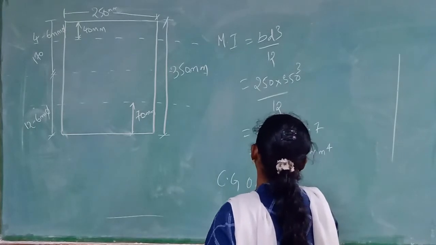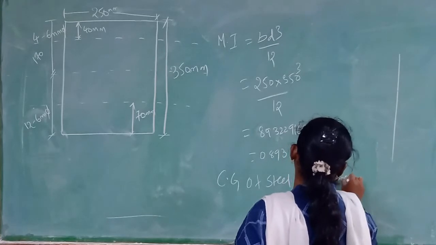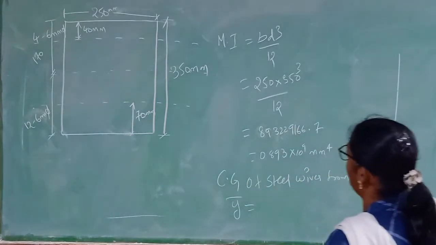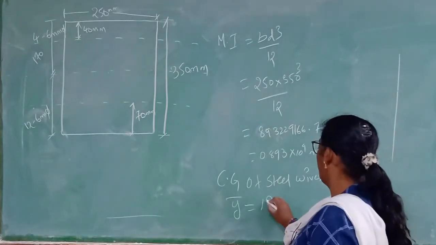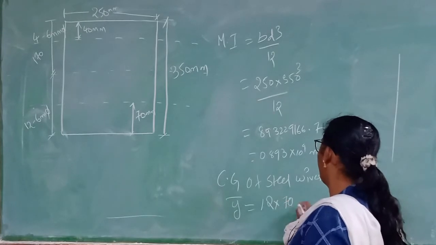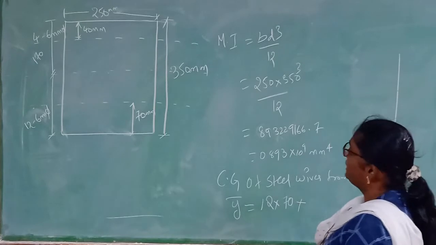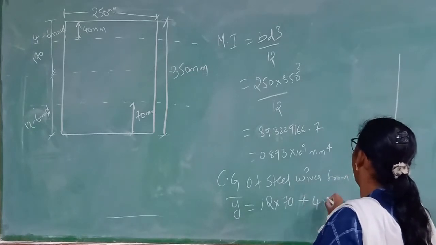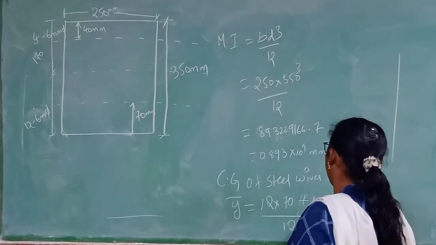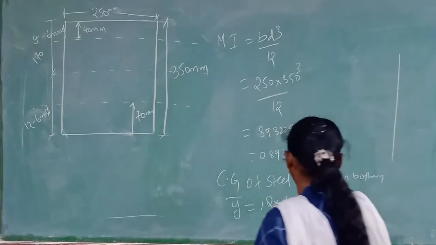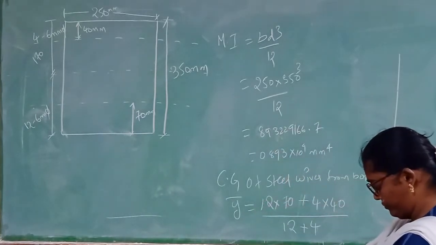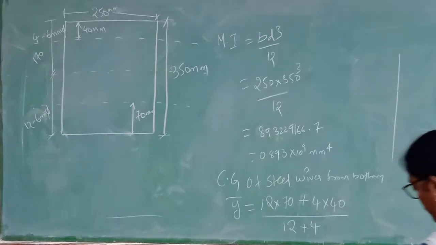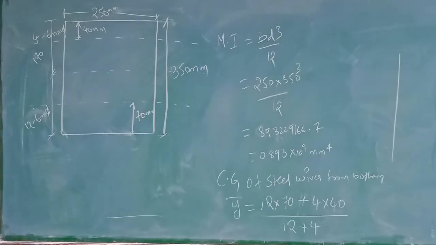Center of gravity of steel wires from the bottom: what we have to take here is 12 bars at the spacing of 70 mm, plus the 4 bars at the spacing of 40, so four into 40 divided by 12 plus 4.